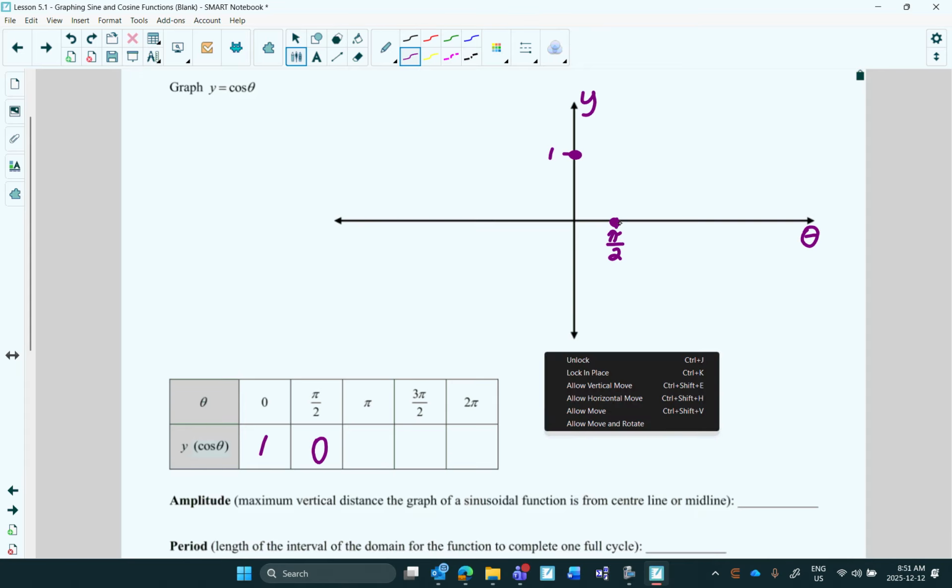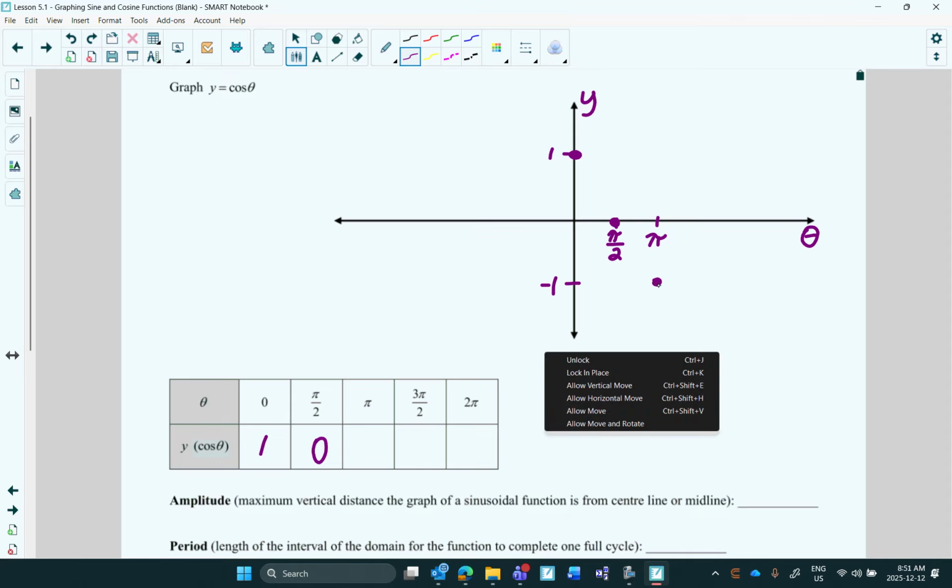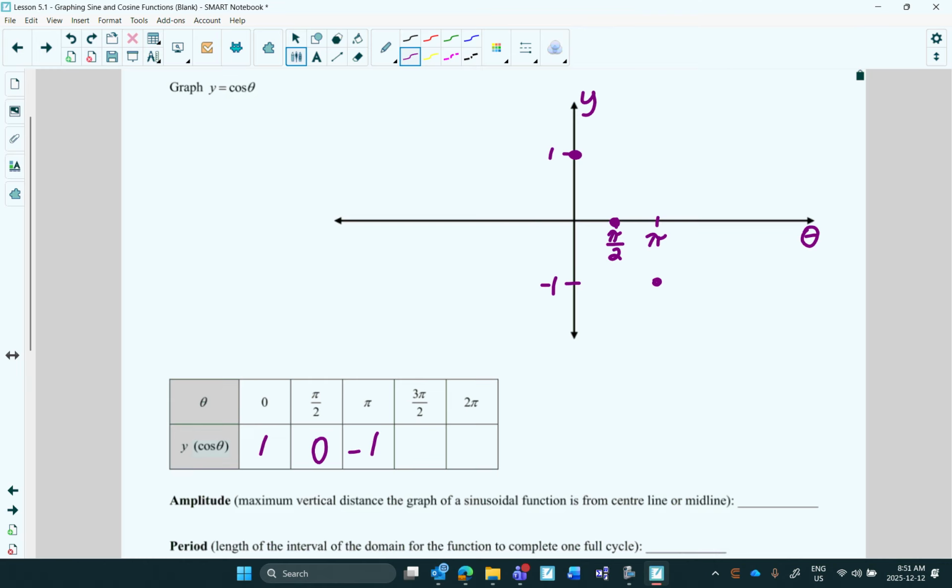Looks like something familiar is happening. Add another pi over 2 to get 2 pi over 2 or pi. What's the cos of pi? -1. What's the cos of 3 pi over 2? Back to 0.